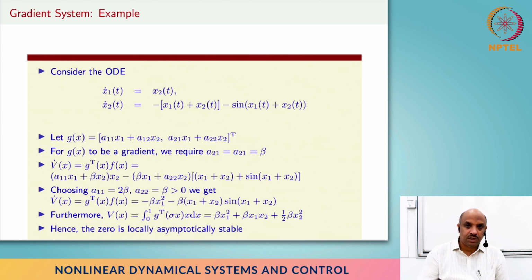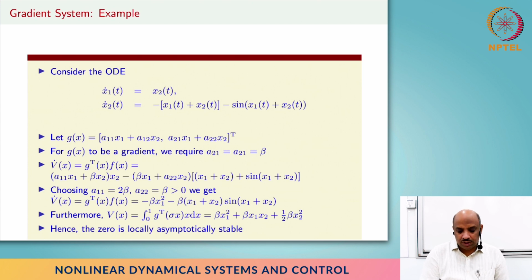We started with a very generic g of x and chose the parameters a11, a22 and things like that to satisfy first this gradient assumption. The second one is the negativity assumption, and finally we integrate it out to get our nice Lyapunov function.